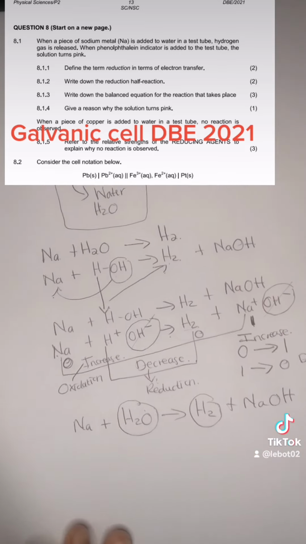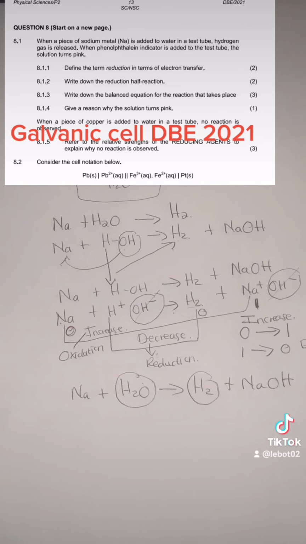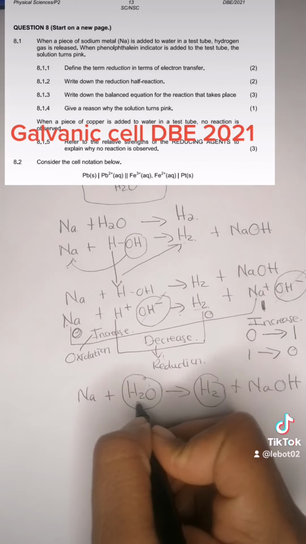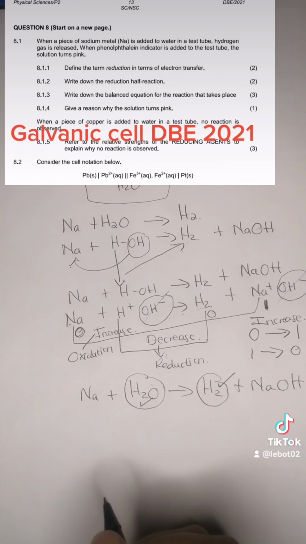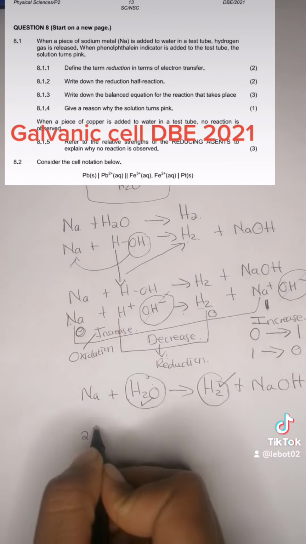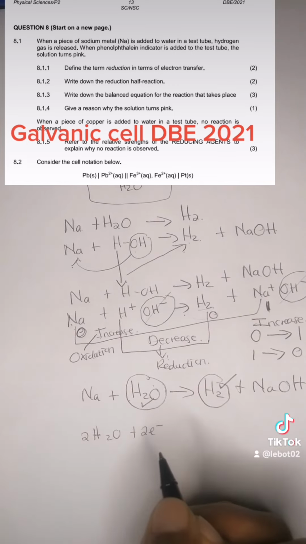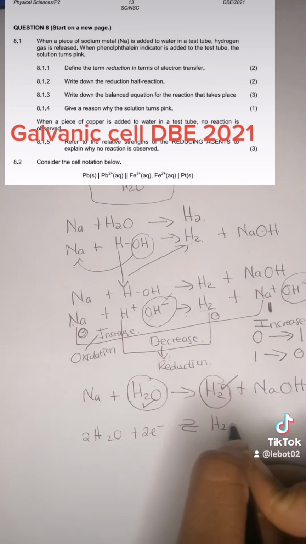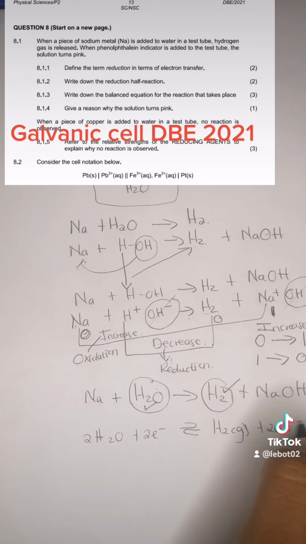So the question said write down the reduction half reaction. So now you need to go back to your table and look where you can find the H2O as a reactant and the H2 as a product. So according to the table, there's only one, and it is 2H2O plus 2 electrons to give us H2 gas plus 2OH minus.